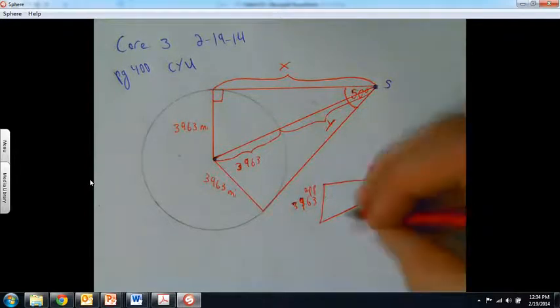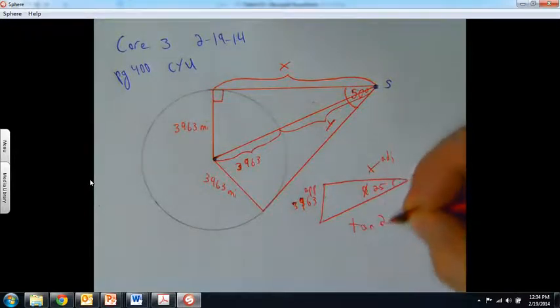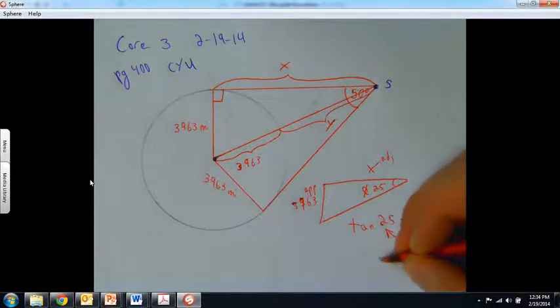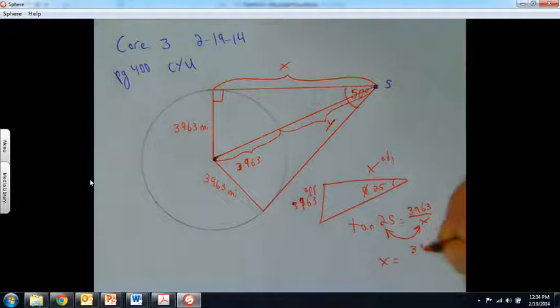That means I am going to use tangent of 25 equals 3,963 over X. Now, we've looked at this before, that when you have a problem like this, you can swap the trig function with your variable on the bottom, and it becomes X equals 3,963 over tangent of 25.